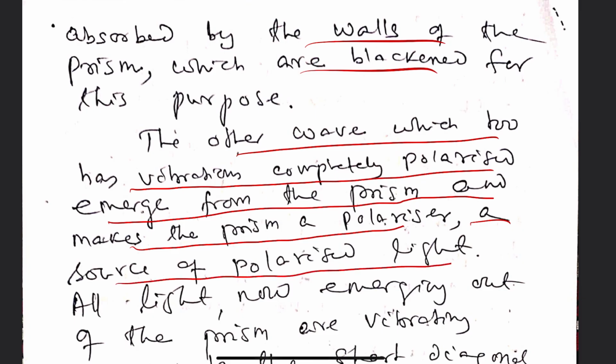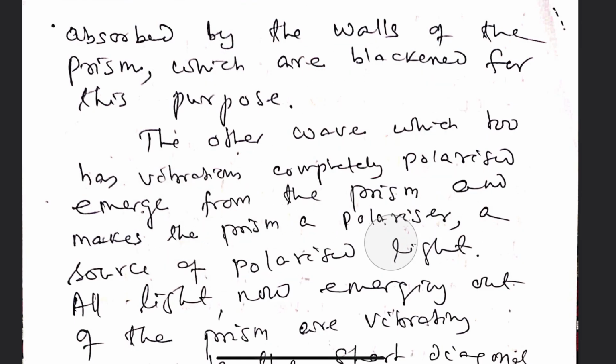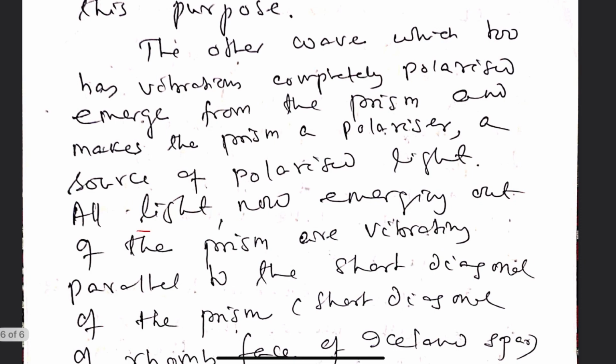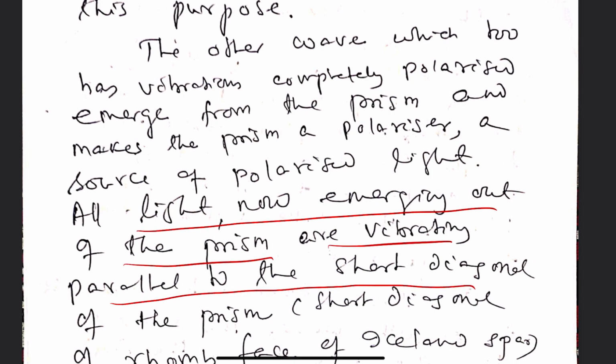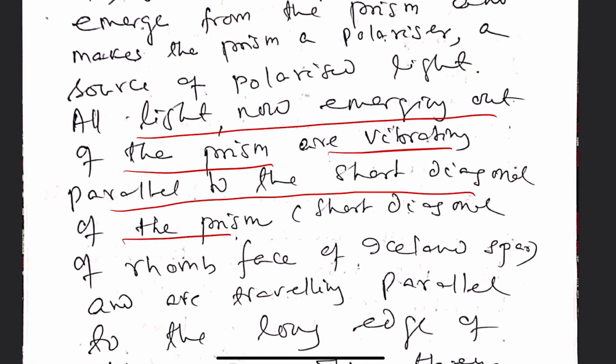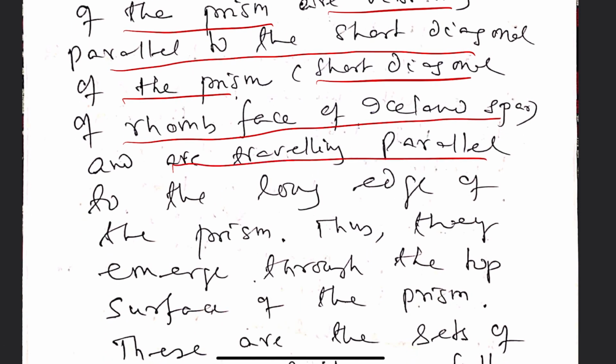It is the very function of the polarizer or Nicol prism to produce polarized light. So it is the source of polarized light. All light now emerging out of the prism is vibrating parallel to the short diagonal of the prism, that is the short diagonal of the rhombic face of the Iceland spar, and is travelling parallel to the long edge of the prism, so that it escapes from the top surface.